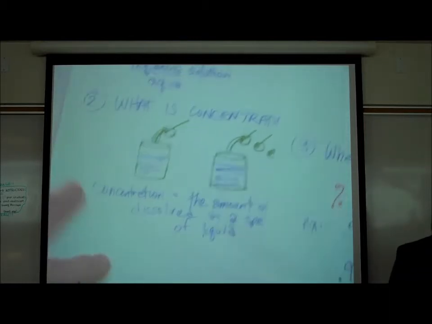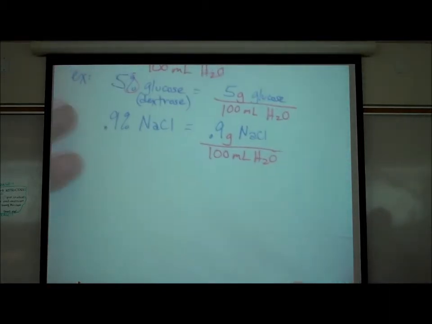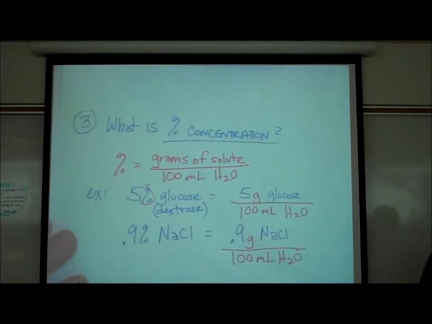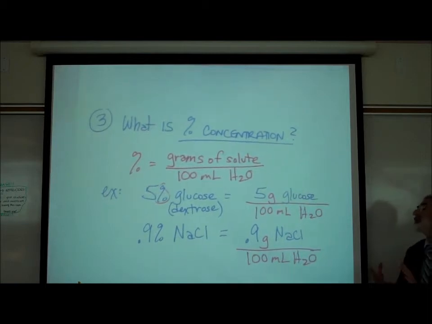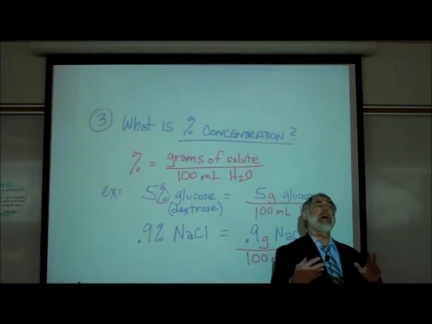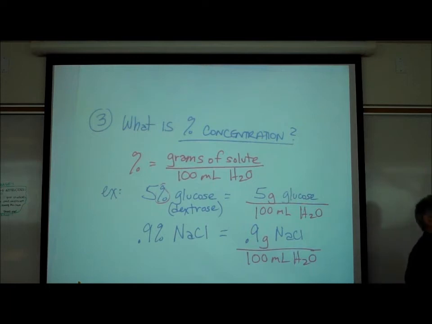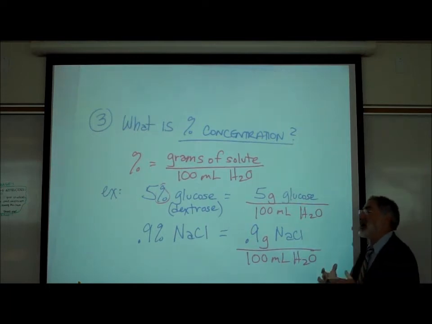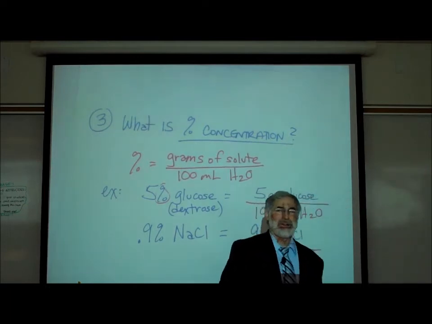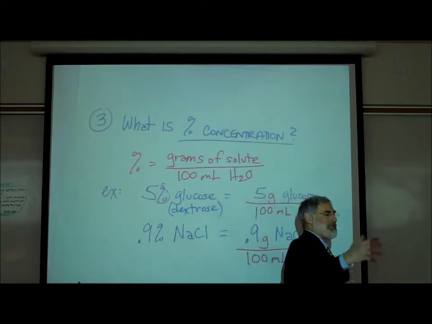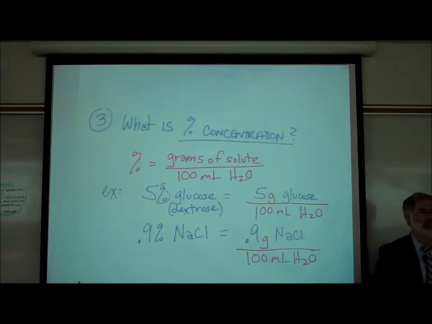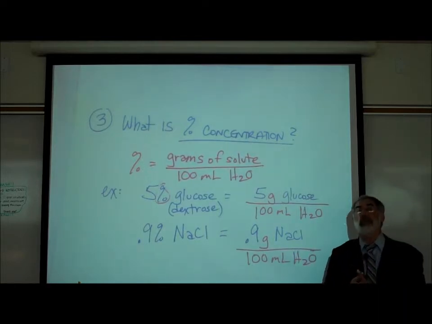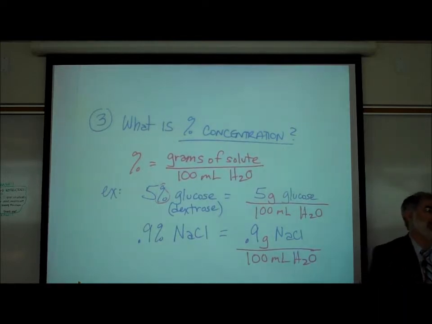So, now the next thing we want to look at is, what do we mean by percent concentration? There are different ways of quantifying, of numerically, using a number to express the concentration. In other words, we don't just say we put 3 spoons of sugar in water and it's more concentrated. We should be able to quantify how concentrated it is.